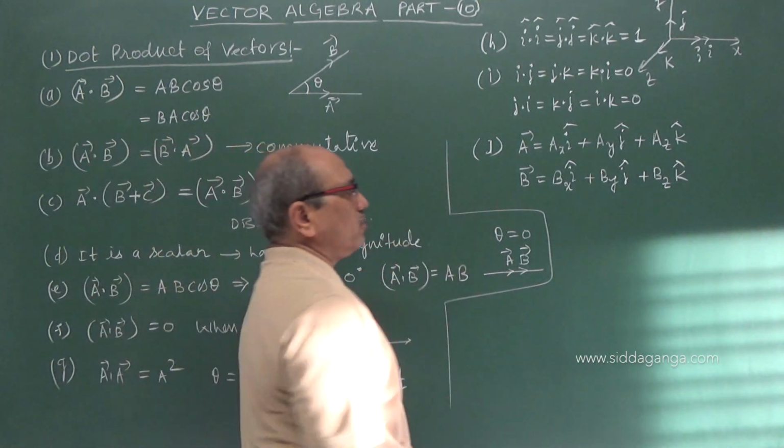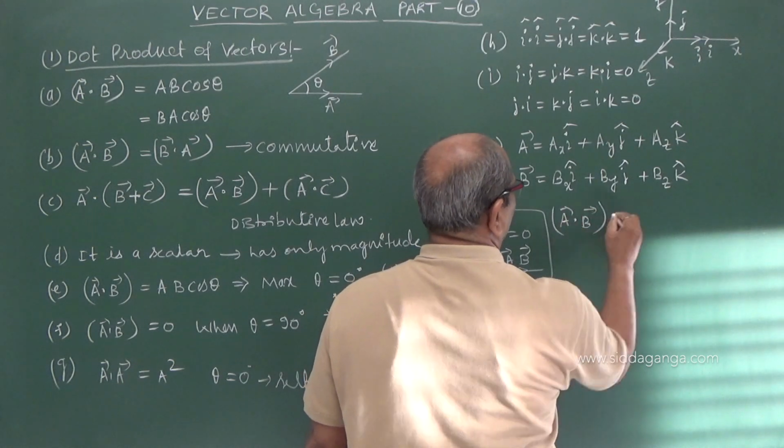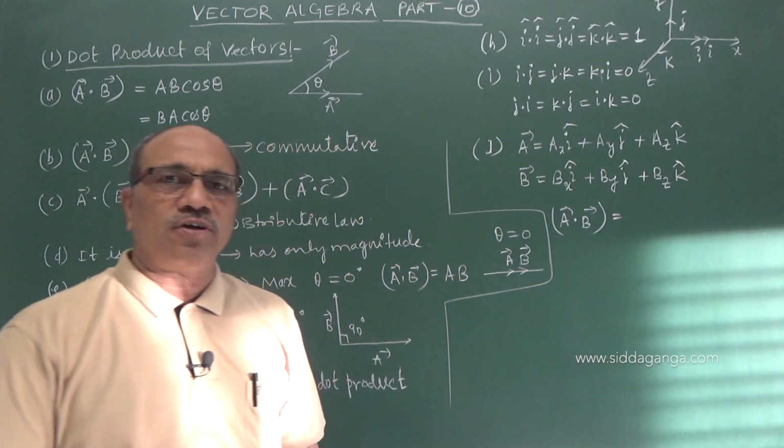What is the dot product of these two, if I want A dot B, given the two vectors in ijk form?